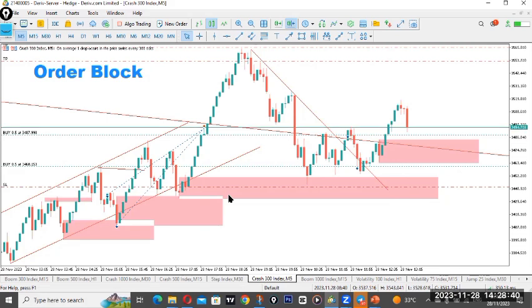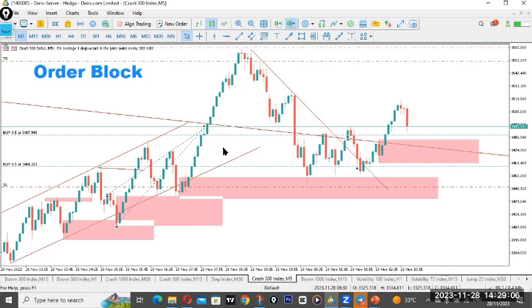But if it is the second, third, fourth time the price is testing it, the probability is low. So what you should do is to make sure that it is a fresh order block that has not been mitigated. Alright, that's number two.